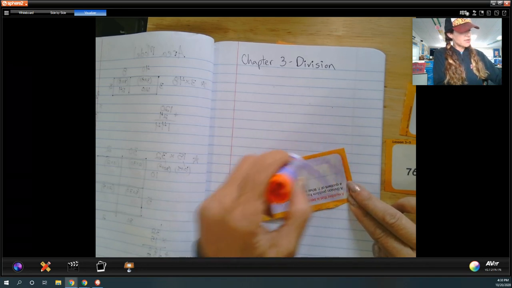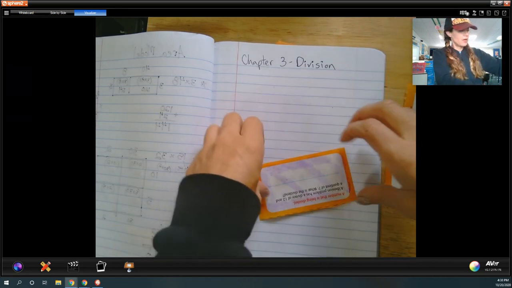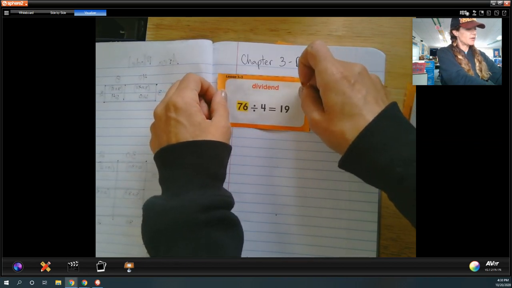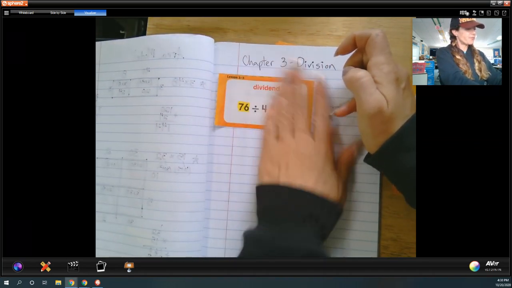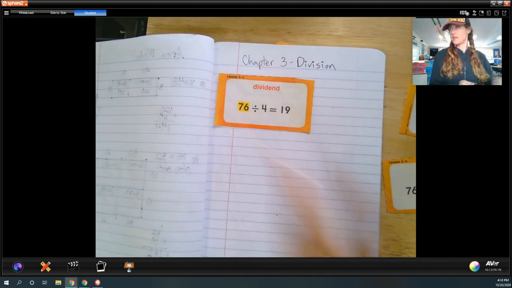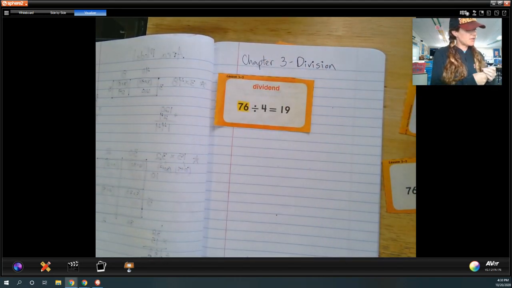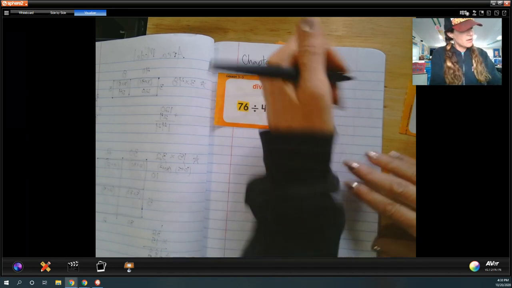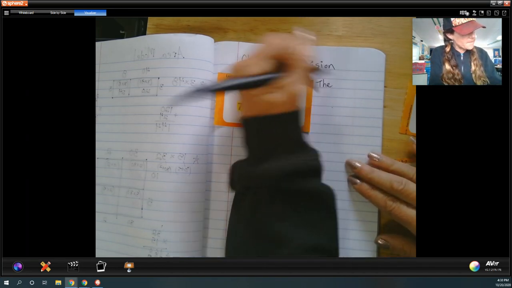Notes are not necessarily easy for Miss Pep, but I know that once I take notes, it helps me to remember my vocab. So dividend. I want to write on this side what a dividend is. Basically, the dividend is the number to be divided up, to be broken apart into groups.